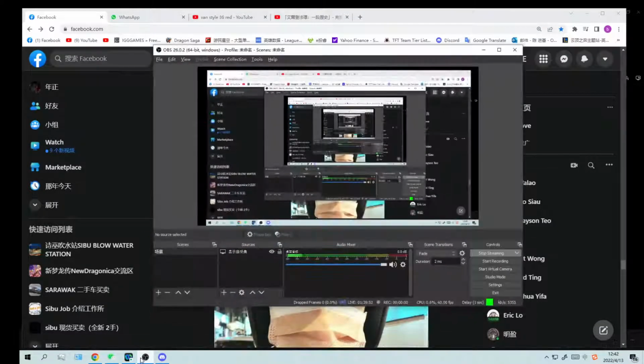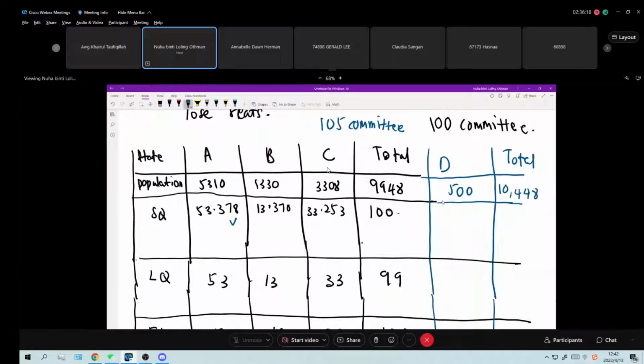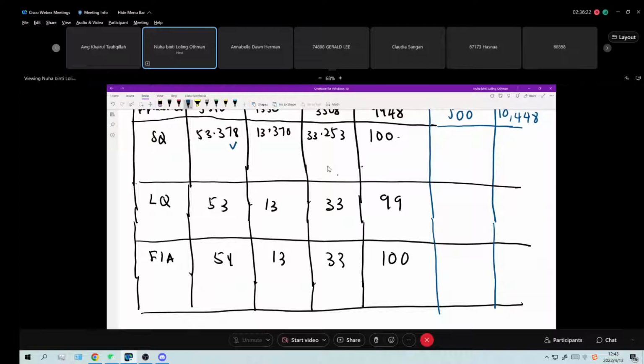So when they add D with 500 and the seats become 105, the standard quota changes. SD becomes 99.505; the original is 99.48.